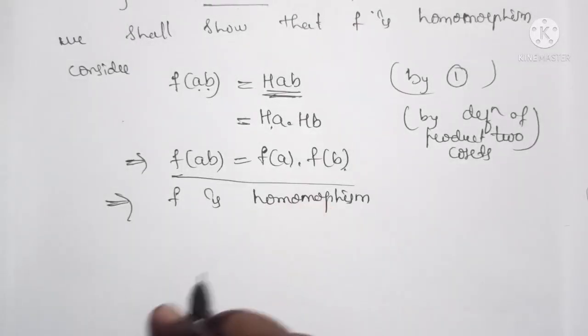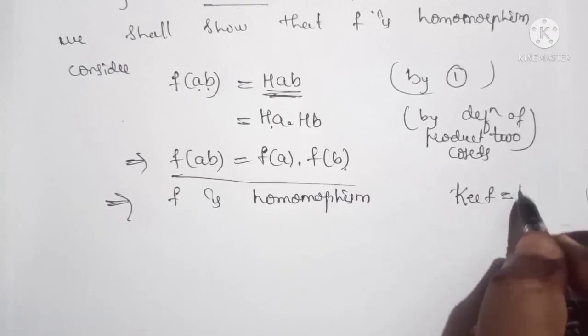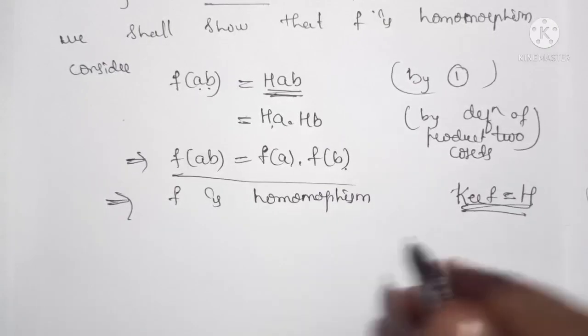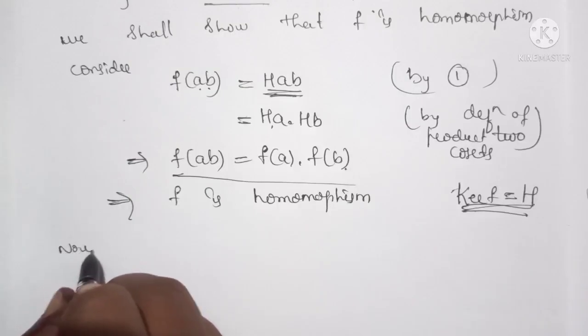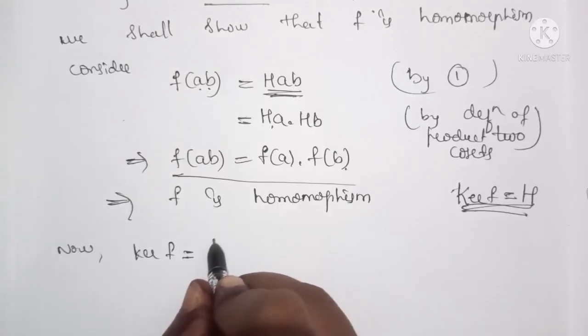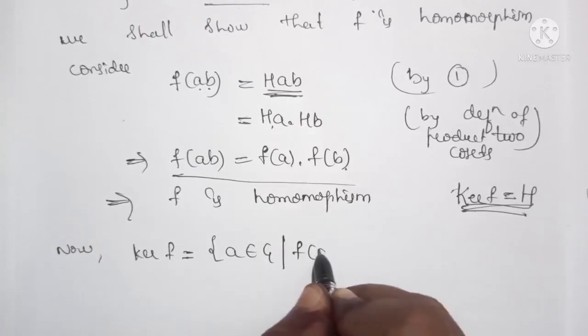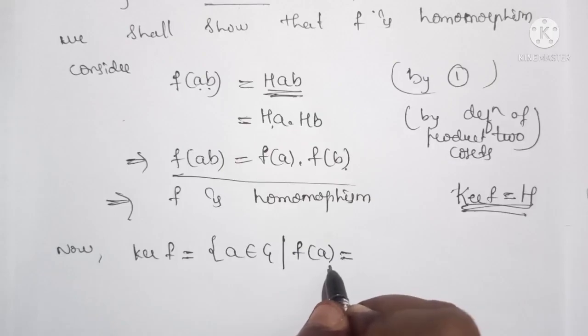Okay, so we have proved F is a homomorphism. Now we have to show that the kernel of F is equal to H. For this, by the definition of kernel, we have all A belongs to G such that F of A equals E dash, because there we have a homomorphism from G to G dash.